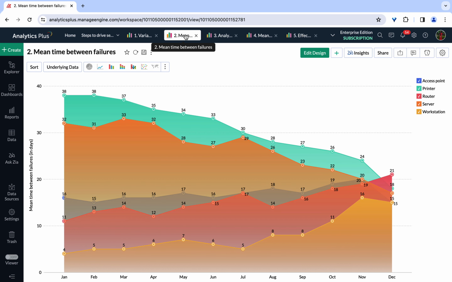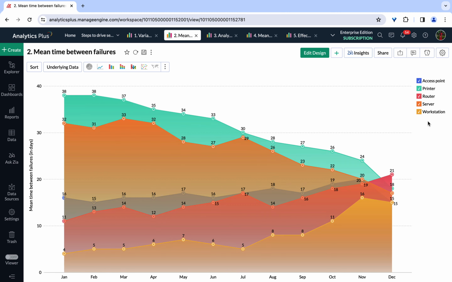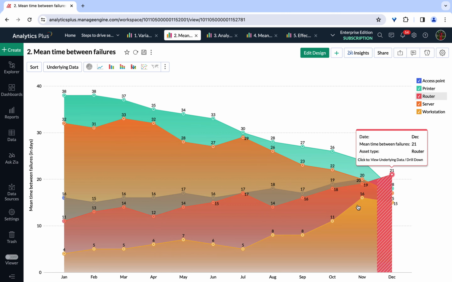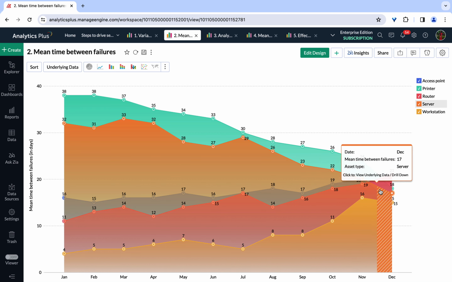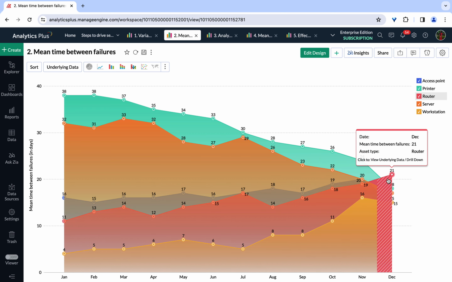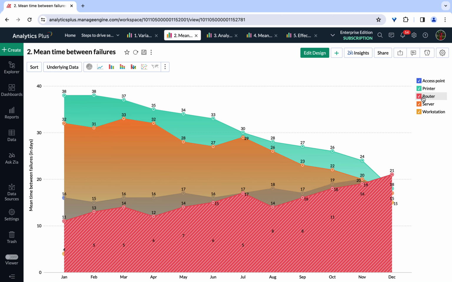Now, this analysis points out each asset category's mean time between subsequent downtimes. The benefit of this analysis is twofold. IT managers can tie back lower values to inefficient maintenance or acquisition practices even, and equate increases in this metric to improvements in asset maintenance strategies.